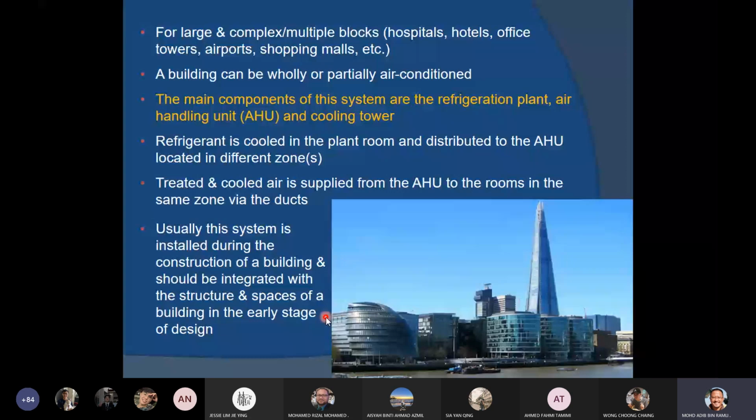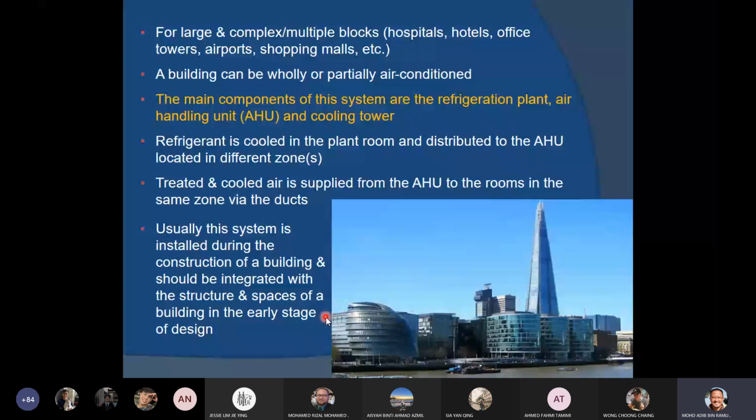But after a year or two, the client wants to install an air conditioning system. It can be done. For smaller air conditioning systems, even package units, you can install them later on, after the building has been completed.